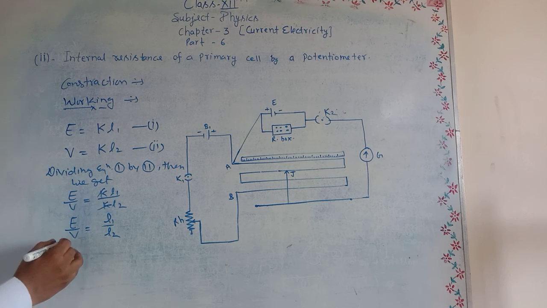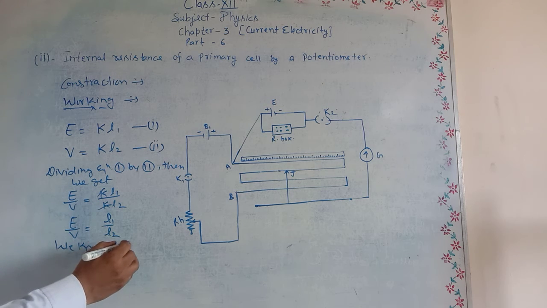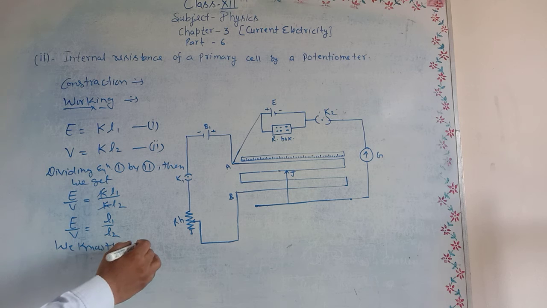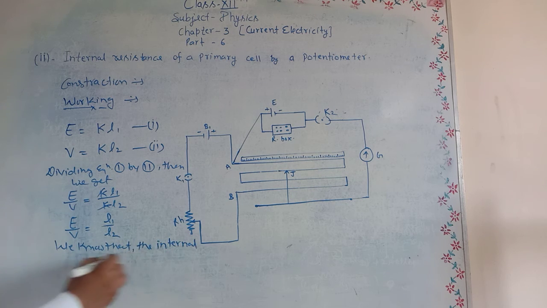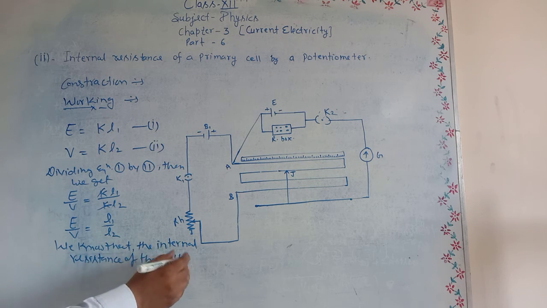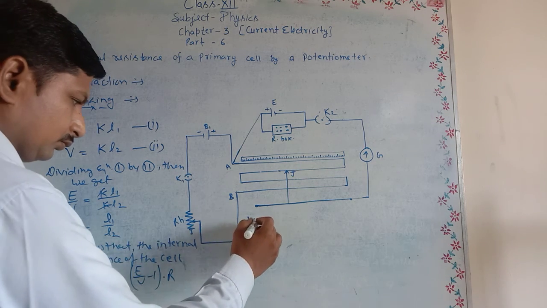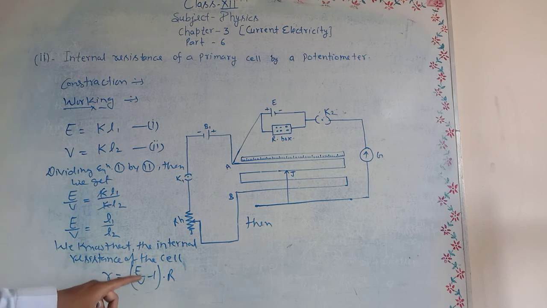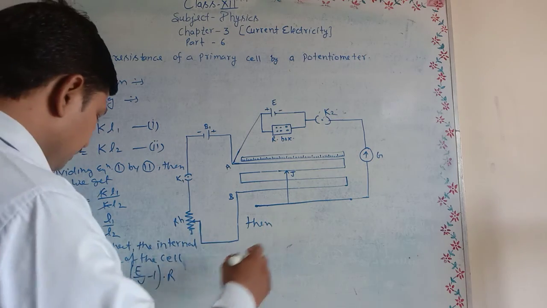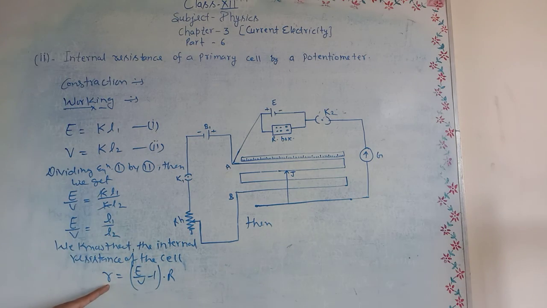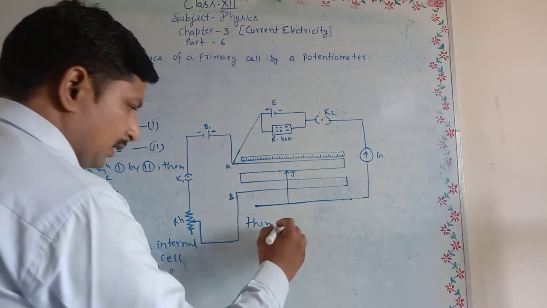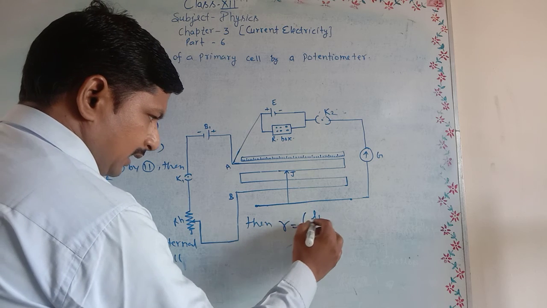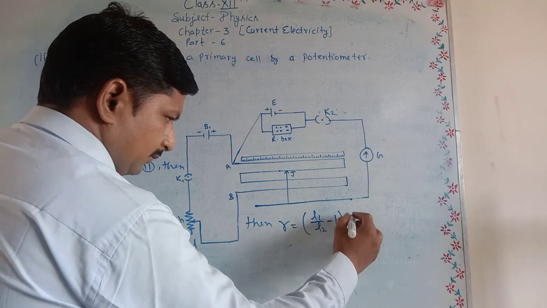So dear students, we know that the internal resistance of the cell r is equal to (E upon V minus 1) into R. Substituting the value of E upon V in the equation, we find the internal resistance of the cell by this formula: r is equal to (L1 upon L2 minus 1) into R.